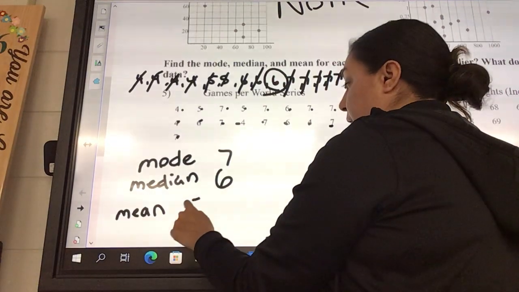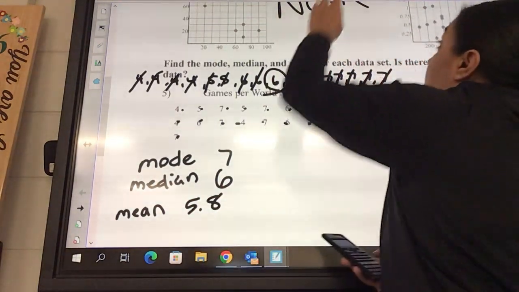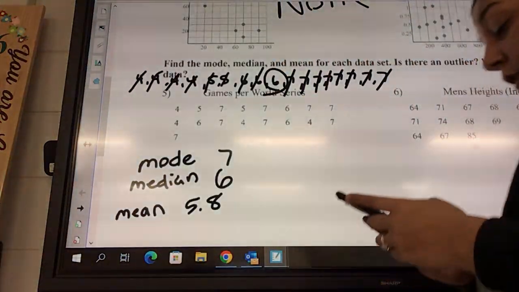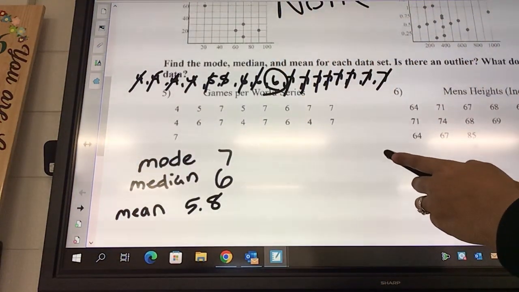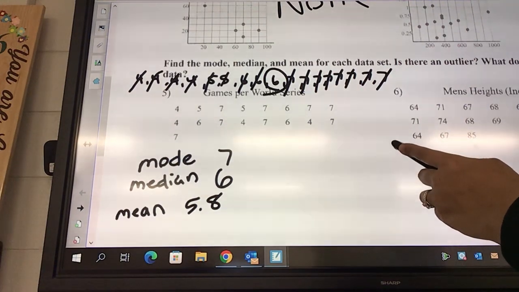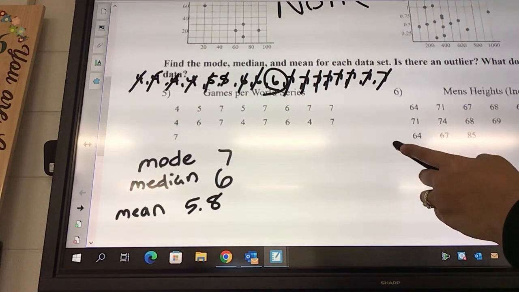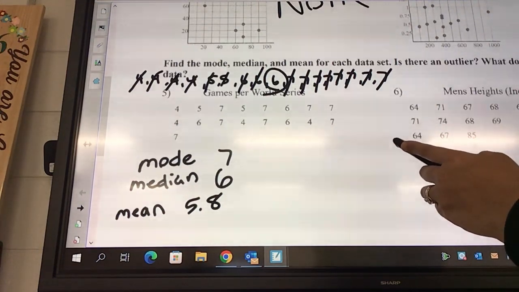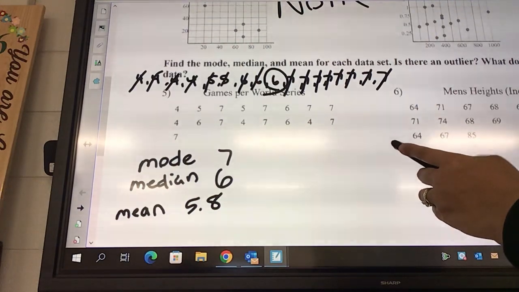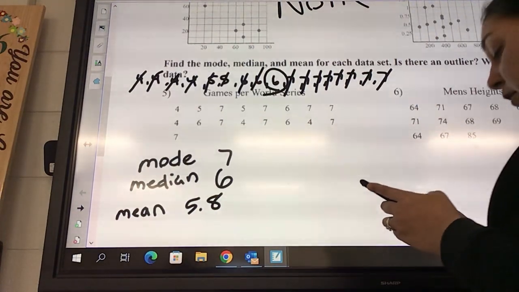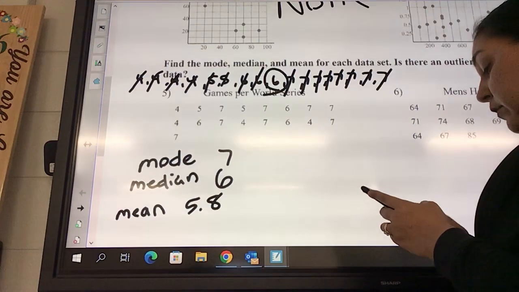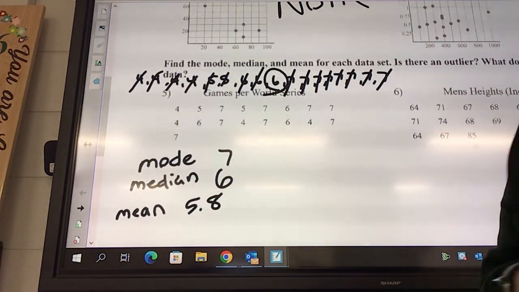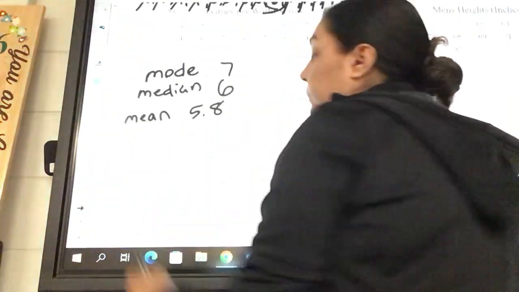Okay, so we got 5.8 for our mean. I'm going to just double check this again real quick to make sure. Okay, so we got 5.8 for our mean.